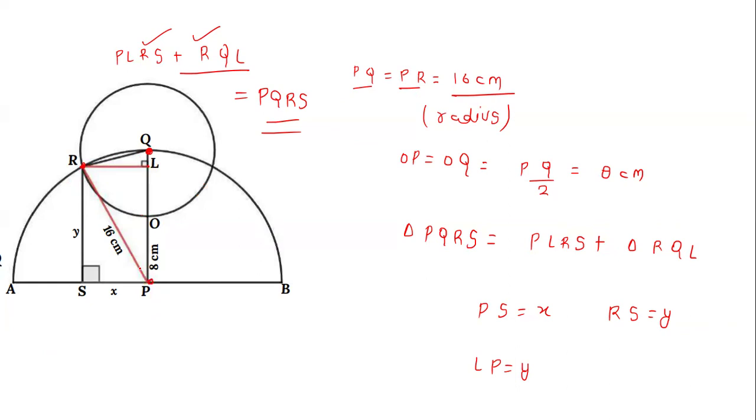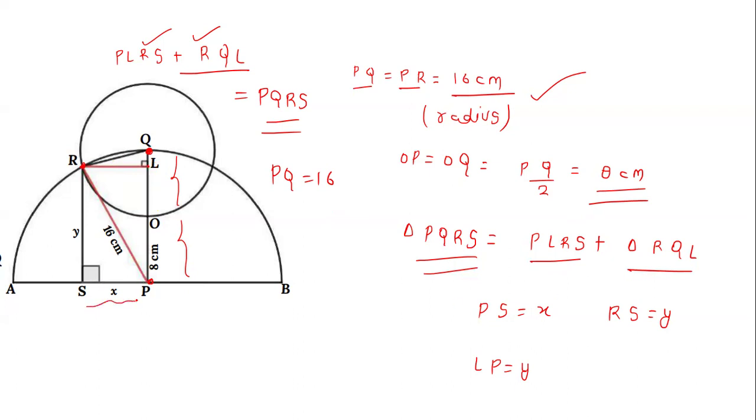So the PQ and PR distance both are equal to the radius of this semicircle, and OP is given equal to the OQ, and we know the whole distance PQ is 16, so OP and OQ both will become 8 centimeter, half of 16 centimeter. And we also discussed that the PQRS area is this rectangle PLRS area plus this triangle RQL area.